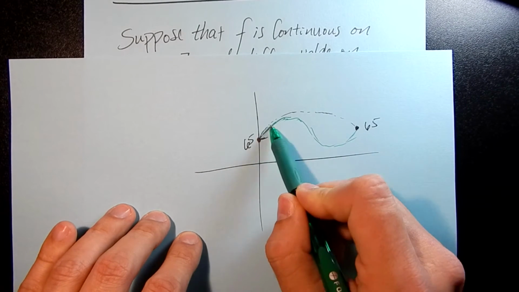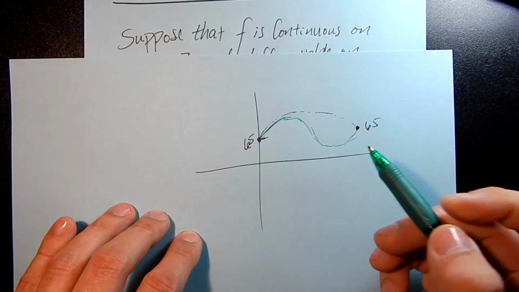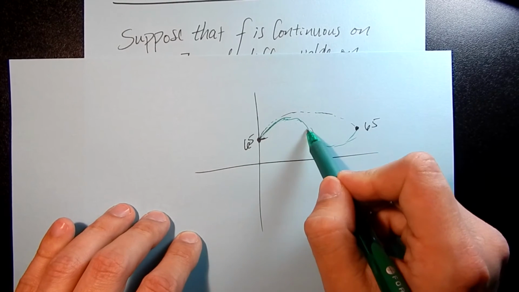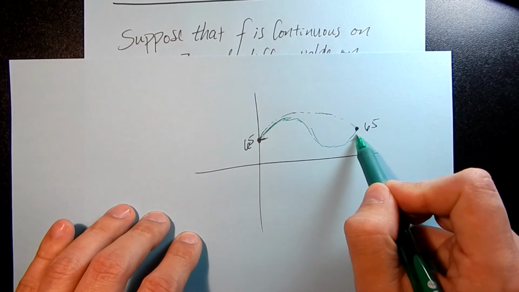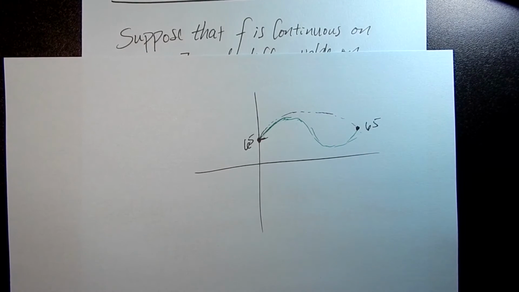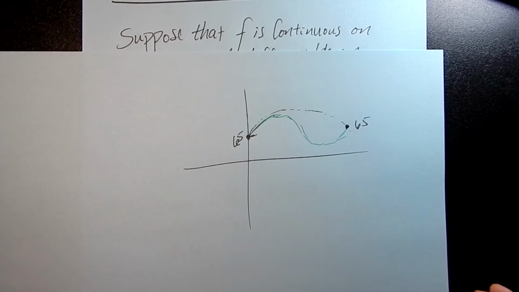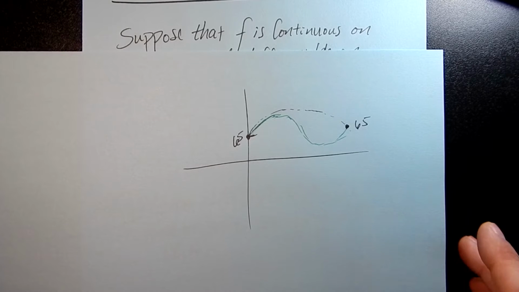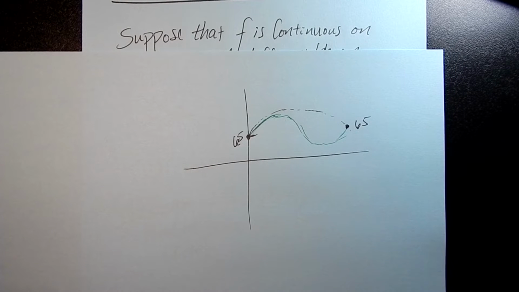So that means at some point we had to travel 65. So at the beginning, and maybe somewhere in here, and then maybe at the end point. So if you can visualize this, thinking about derivatives as rates, that makes this a whole lot simpler. So it's just saying, over the course of this journey, we have to travel the average speed at some point.